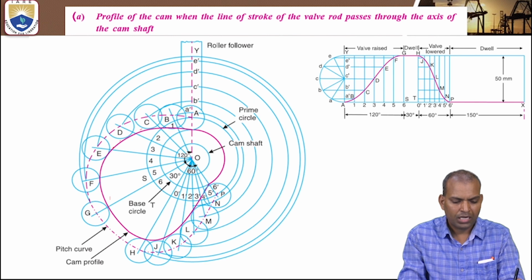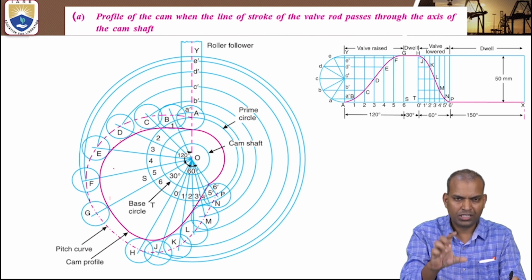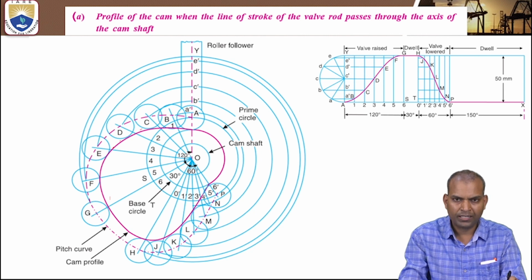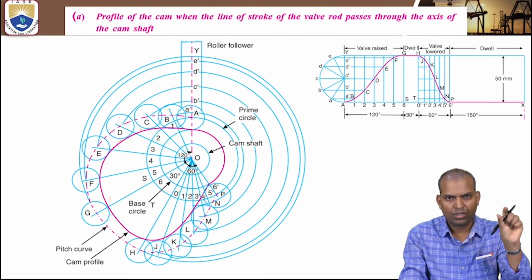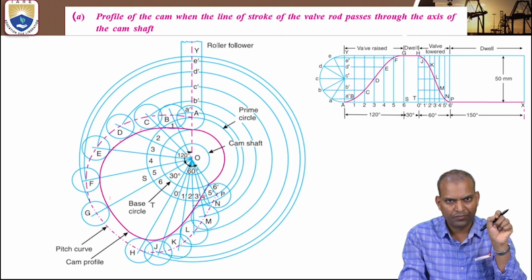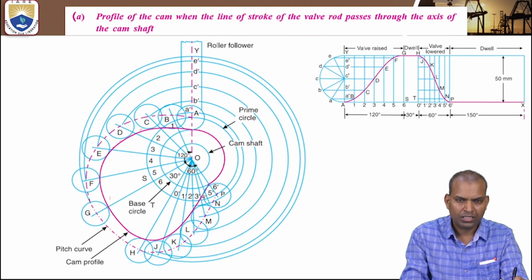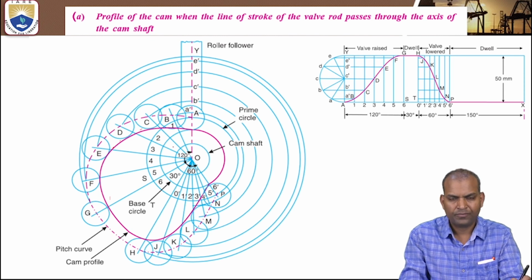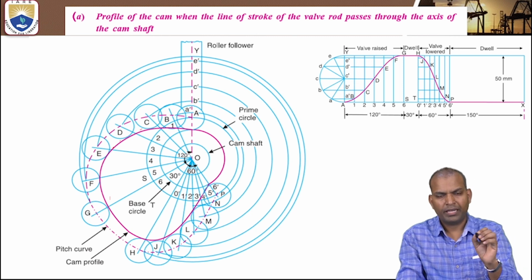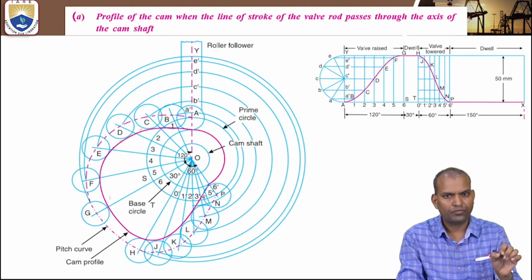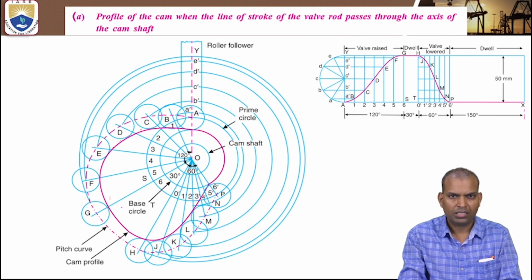After dividing sub angles, mark the vertical distances from the displacement diagram onto the radial lines from the prime circle surface. Those points are the centers of the rollers, where you have to draw rollers with the given dimension, and draw a smooth curve by touching the surface of all rollers. That curve gives the cam profile.